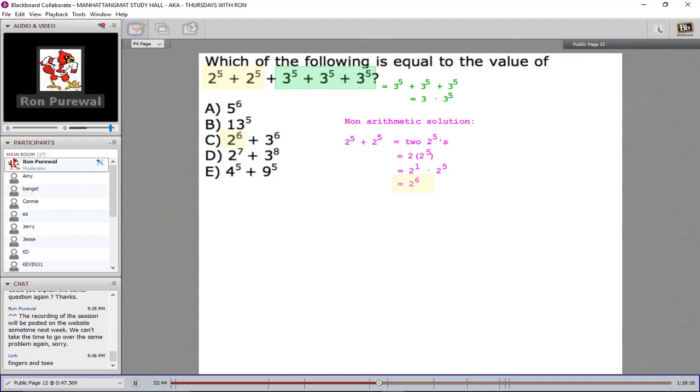And so that's the same thing as 3 to the 1st times 3 to the 5th. And so that's 3 to the 6th. But the thing is that you don't have to do this. That's the point. In this problem, you can also just do arithmetic.